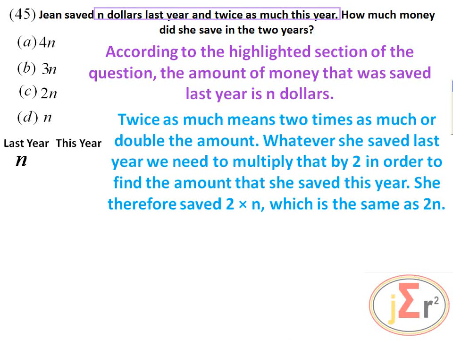She therefore saved 2 times N, which is the same as 2N. She saved N last year, and she saved twice as much as N this year. She therefore saved 2n.